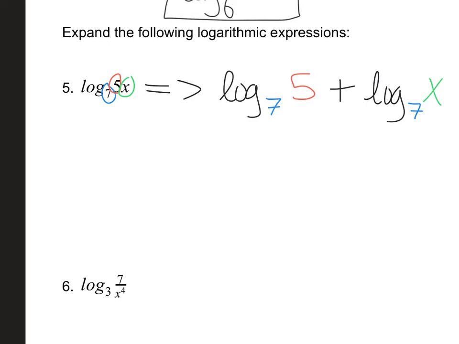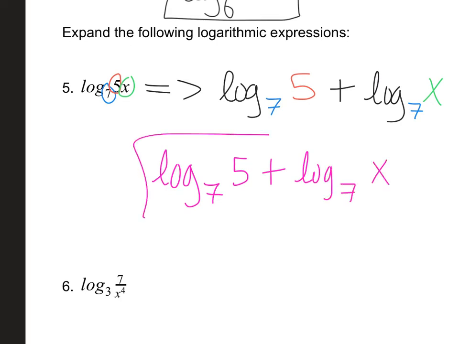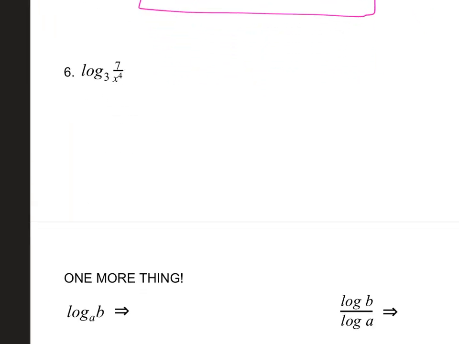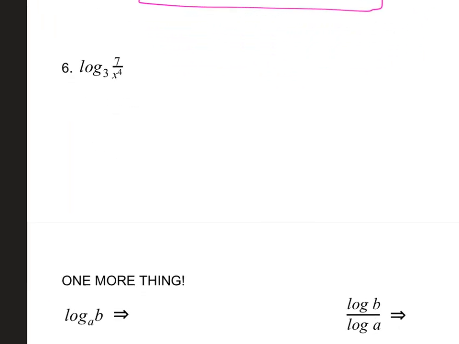So again, I'll write this all in one color just so we can see it. So log base 7 of 5 plus log base 7 of x. And there you go. Again, it's the same process. You're just going backwards now. No big deal. So now let's go down to number 6. I see division in there, which means hopefully some alarms are going off in your head that we're going to be subtracting.